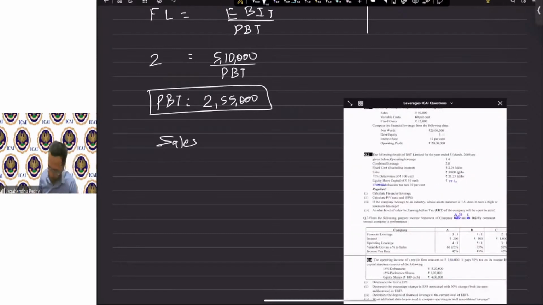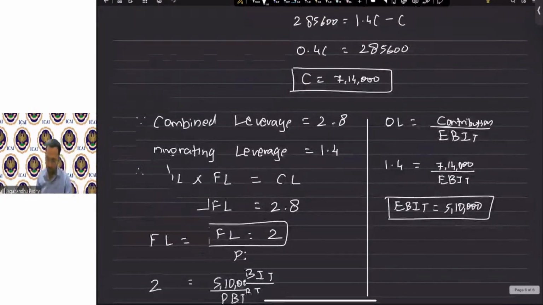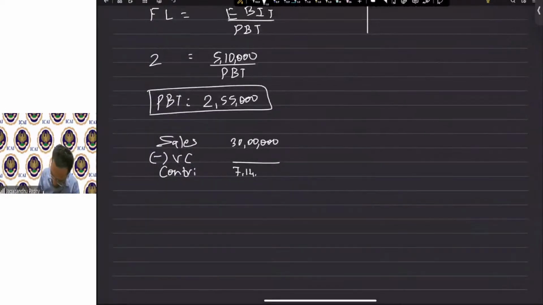Sales they have given us in the question as 30 lakhs, right? Less variable cost, which we don't know, gives us contribution. Contribution is 7 lakh 14,000. Variable cost is 30 lakh minus 7 lakh 14,000, which is 22 lakh 86,000.